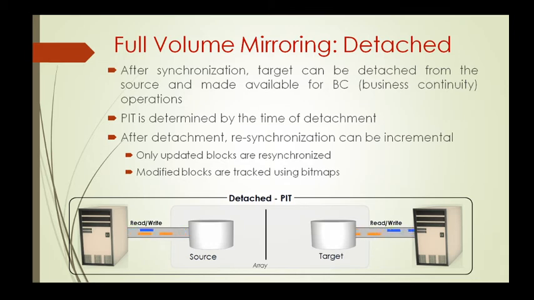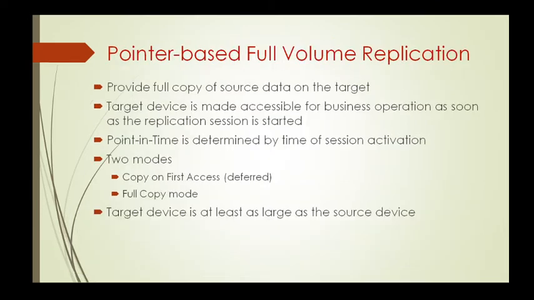Pointer based full volume replication can be activated in either copy on first access, that is COFA mode, or full copy mode. In either case, at the time of activation, a production bitmap is created for all the data on the source devices. The production bitmap keeps track of the changes at the source device.